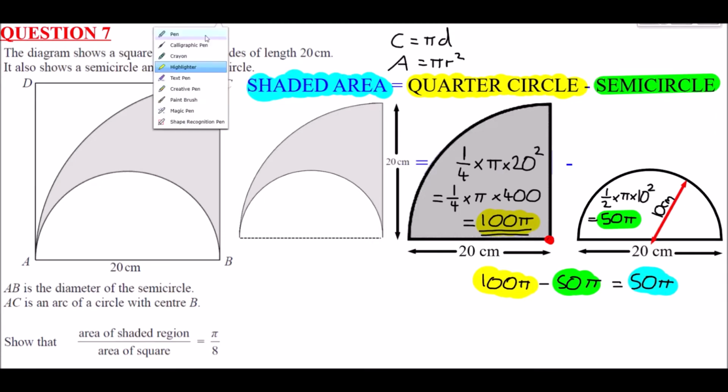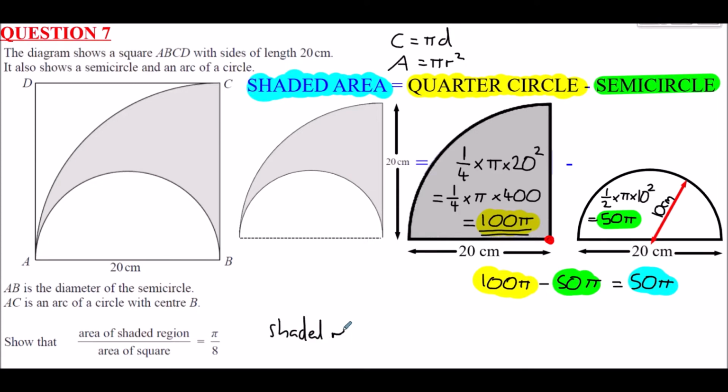So we can now fill this in. So the shaded region over the area of the square. The shaded region is 50 pi, so we can fill this in. But we still need to work out the area of this square.